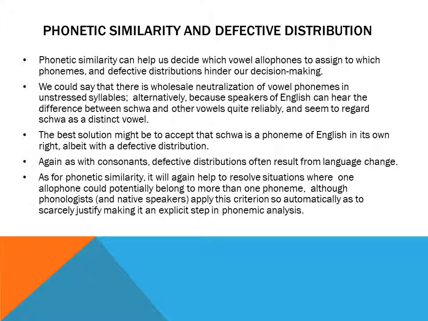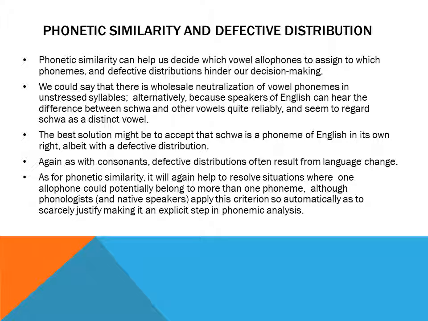Its defective distribution means it could be regarded as the unstressed allophone of almost any other vowel phoneme. So, schwa appears in the unstressed syllables of about, father, pattern, sherbet, temples. But which vowel phoneme is involved in each case?